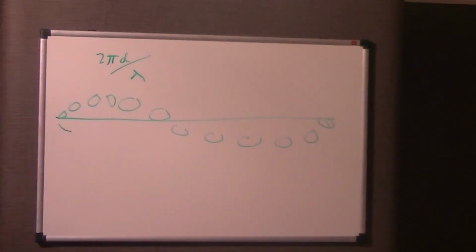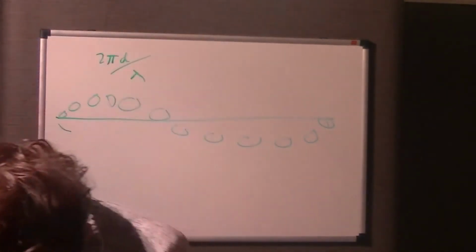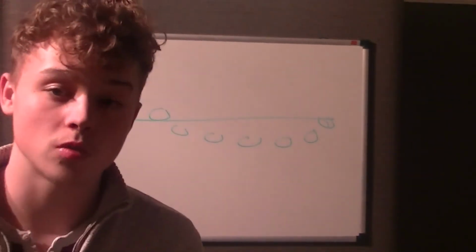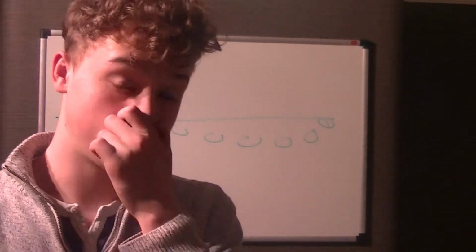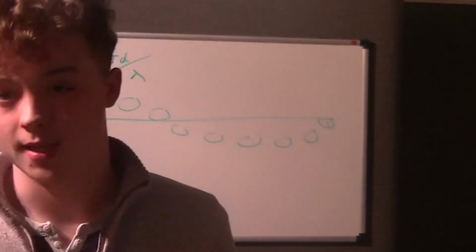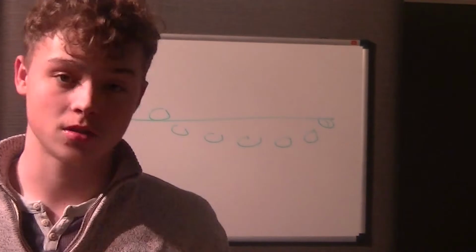Just to give you an example, the way I look at it is pi is equal to 180 degrees, 2 pi is equal to 360, and half pi is equal to 90, and 3/4 of 2 pi you go up in steps as such.